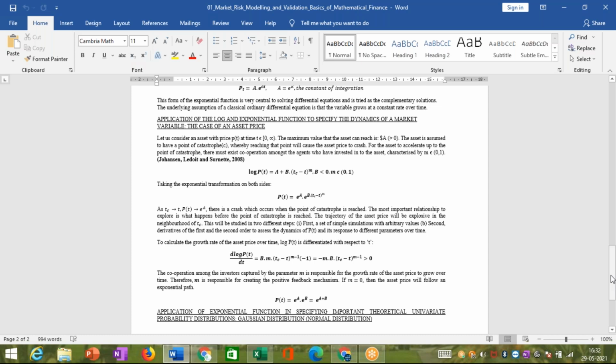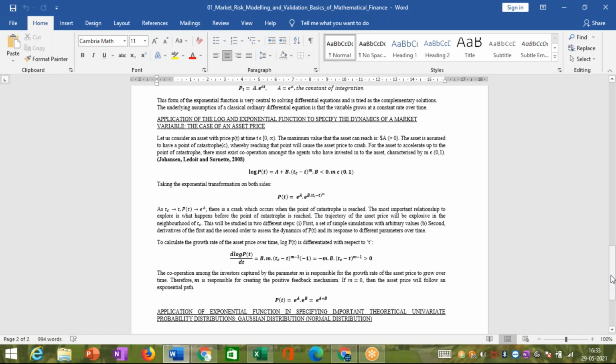This normal distribution plays a very important role in showing how exactly a stochastic element can be displayed, how the randomness looks like, and so on.